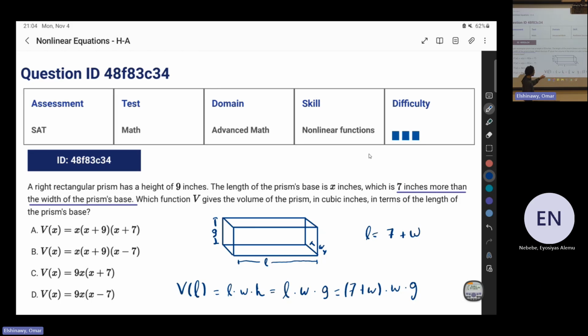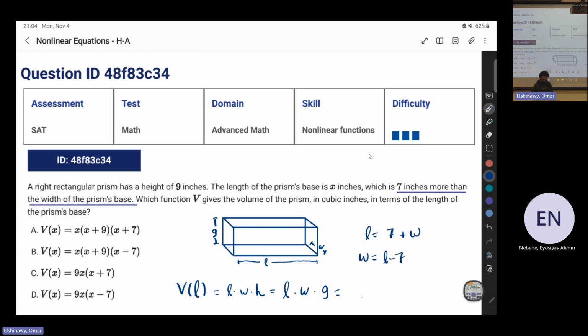So this very precise function, let's say I tell you the width is 10. Then you find the volume is just 10 times 9 times 17. But then this is not what we want. We want everything in terms of L. Which means that if I write this width in terms of L, it will give me L minus 7.